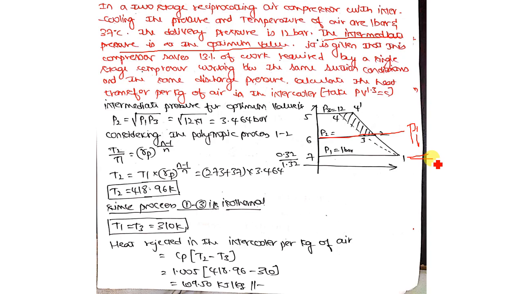And you have derived the condition for the optimal value, the optimal condition for the minimum work input, at the last part of your theoretical part, is it? So that same condition you have to use in order to calculate your value of Pi. So how do you come to the conclusion that you have to use the same expression to calculate the value of Pi?